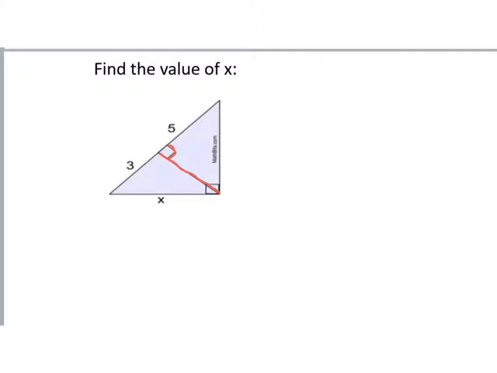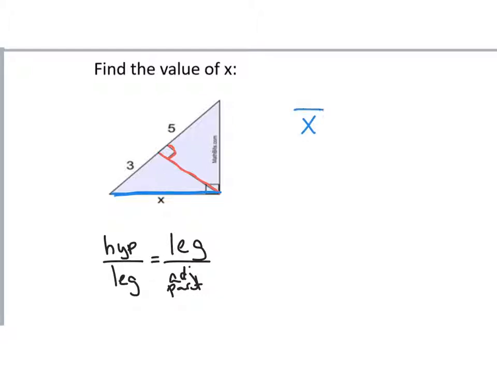All right, so when we do that for this one, we said that the leg was the geometric mean between the whole hypotenuse and the adjacent part. My leg of the right triangle is x, so that's the geometric mean.